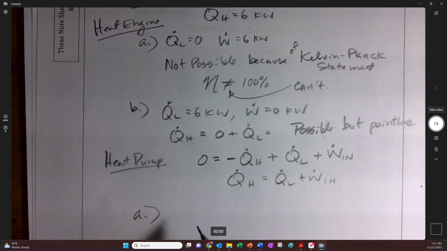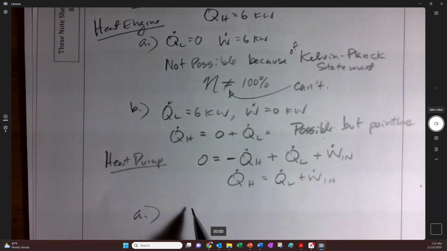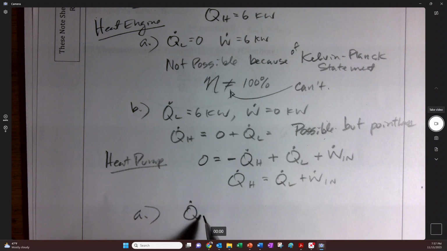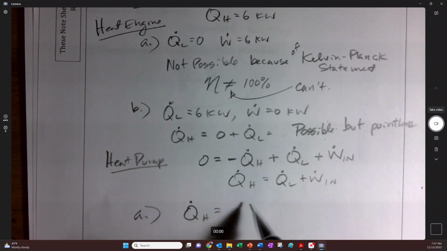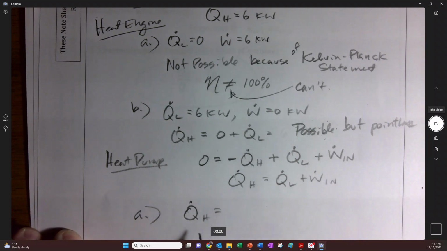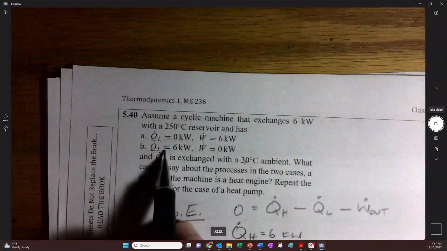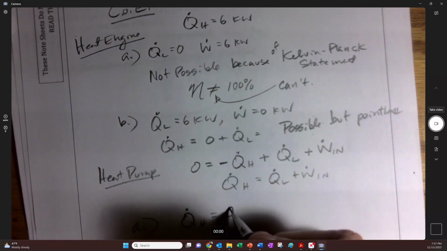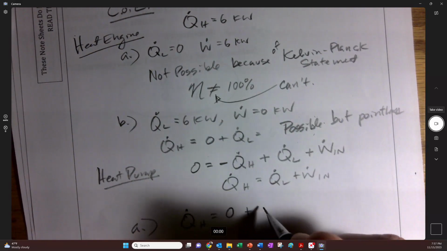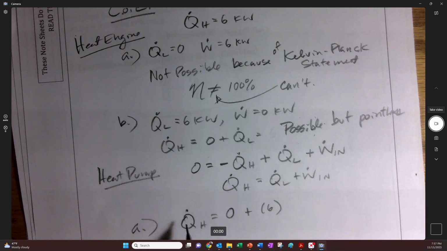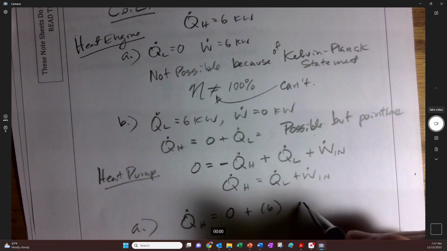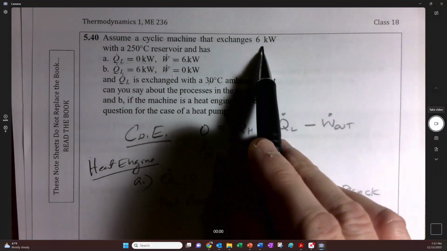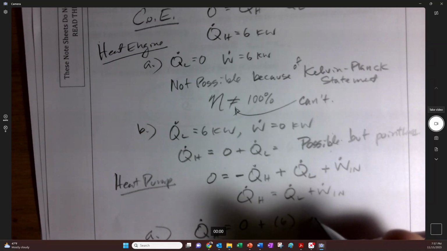So A, is it possible to have QH be equal to 6? Remember that A was the condition where the low rate was 0, so that's going to be 0 plus 6. So this is what's coming in, 6, and we said that we wanted 6, so we were fine.